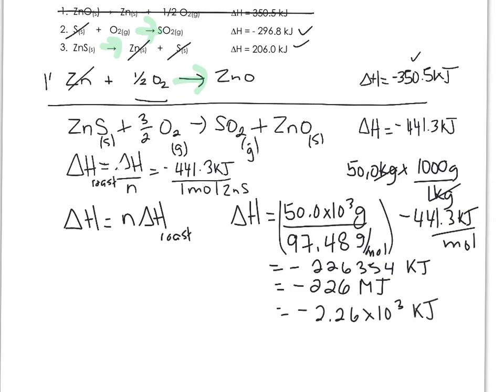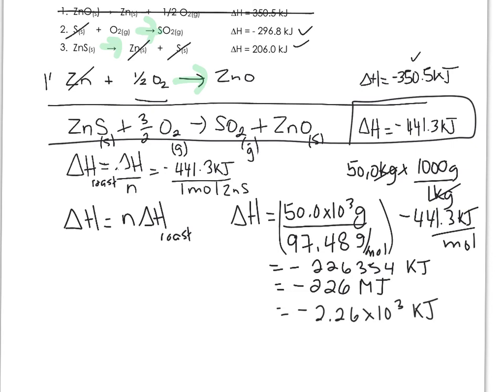So in this case, we used Hess's law to figure out our enthalpy for the reaction. We had a specific quantity of a reactant, could be a product too, but we had a specific quantity of a reactant, so we could find the enthalpy change for that amount in the reaction. So once you found Hess's law, you could find the delta H, the enthalpy of reaction, which is what we found here.